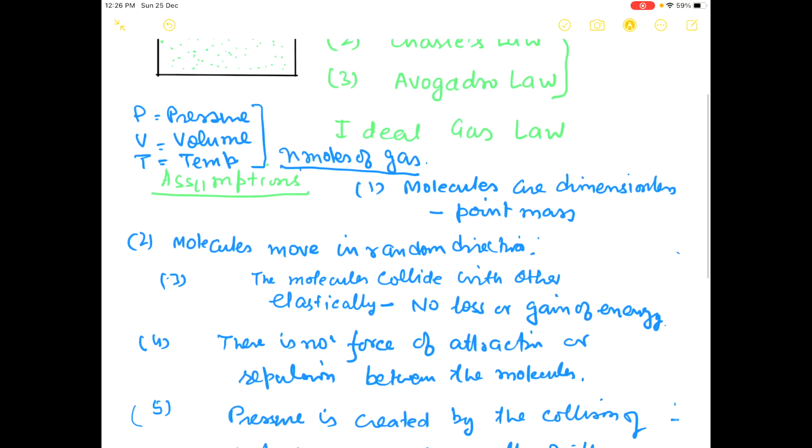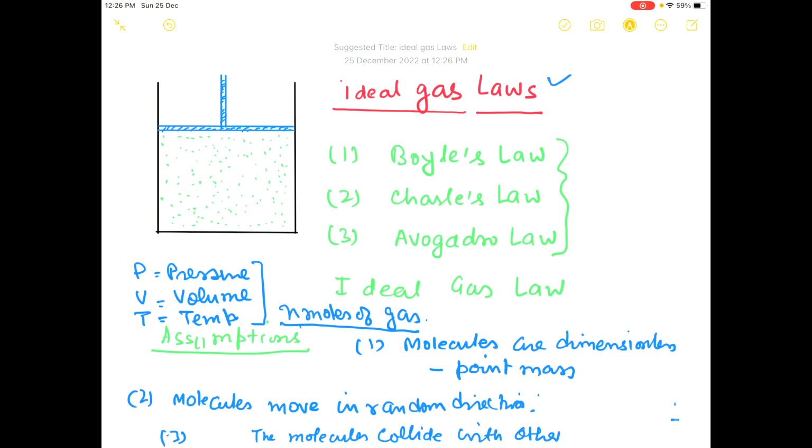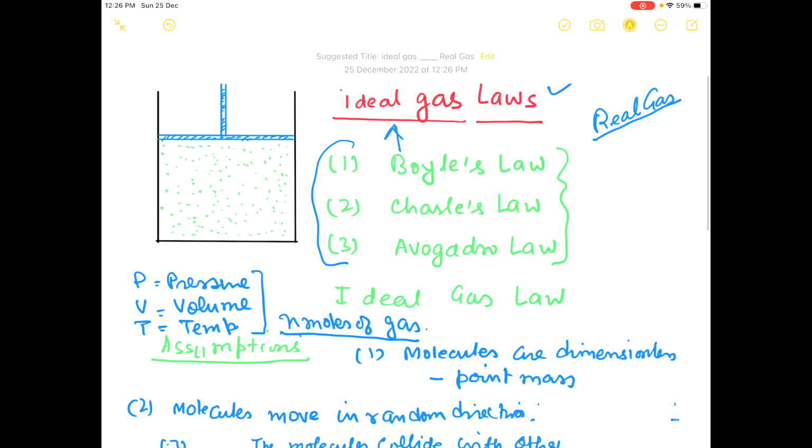So these are some of the assumptions with our ideal gas model of the gas, but in the real gas, these assumptions are not applied, and hence real gas is different from ideal gas behavior. Now these laws are only applicable in ideal gas, and a real gas at very high temperature and very low pressure, it behaves as nearly ideal gas.